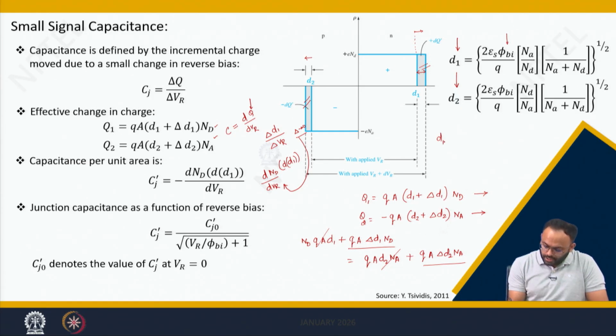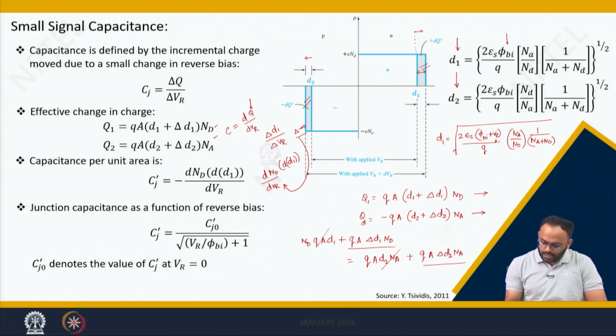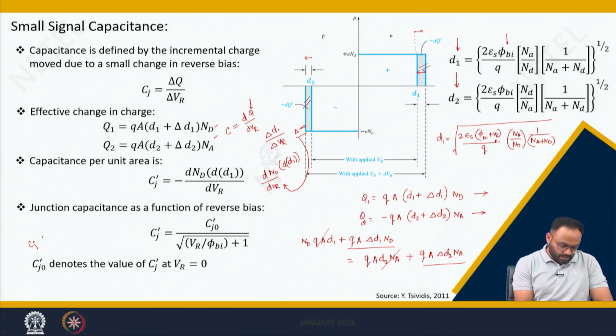So, d1 can be written as 2 into psi s into phi bi plus Vr in the reverse bias case, divided by q into NA by ND into 1 over NA plus ND, square root.